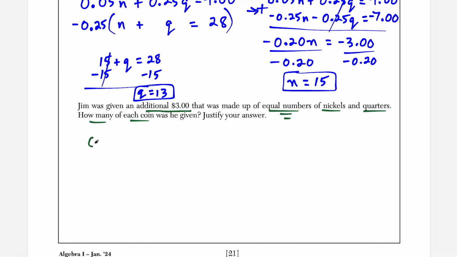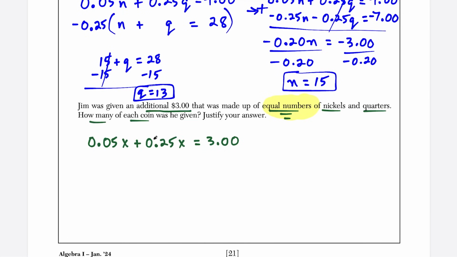Well, the nickels are worth 5 cents, so we have 0.05 times x, and then plus the amount of money he was given in quarters, we could say is 0.25 times x. And once again, we're using x twice because of this detail here. They said that he was given, or he has, equal numbers of nickels and quarters. So now we could set this equal to $3, okay? So equal to 3.00.